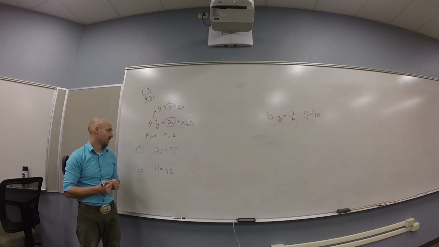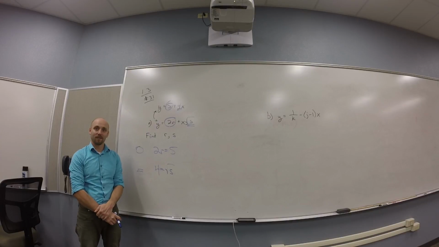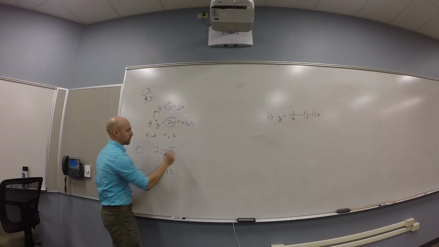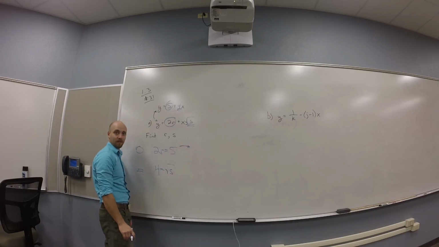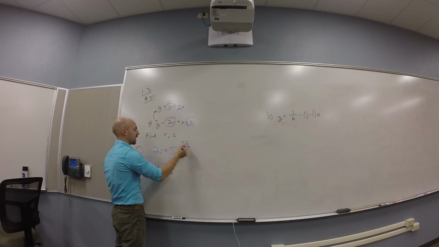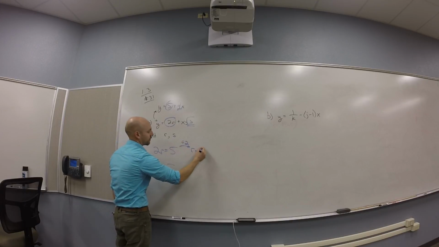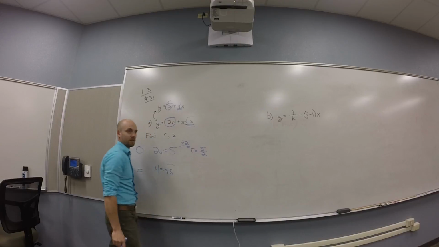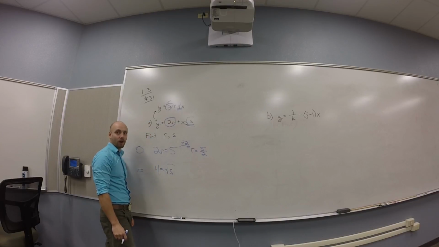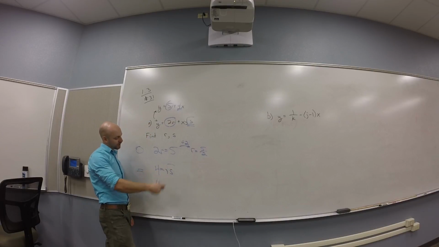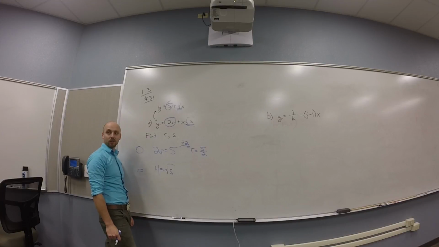So what does this tell you about r? What'd you do to both bits there? We divide both sides by 2, and we get r is 5 halves. Great, I solved for r. What's this other one say? 4 is the square root of s. What do you do to both sides?